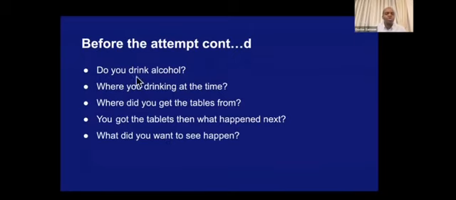Do you drink alcohol? Were you drinking at the time when you took the overdose? Where did you get the tablets from? You got the tablets, then what happened? By taking these tablets, what did you want to see happen?